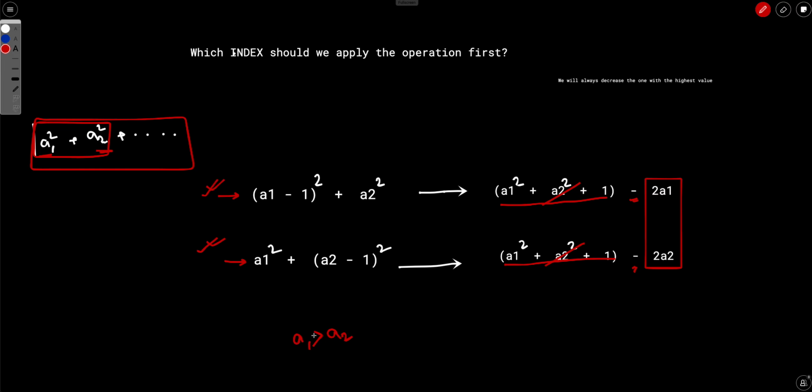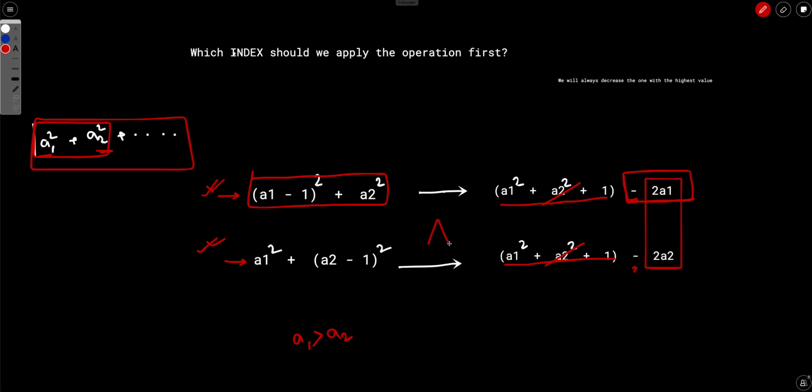So if A1 is greater than A2, the total sum is greater for this piece because we are decrementing more in this particular case, right? In the first case, we are decrementing more. But if we apply the operation on A2 and if A1 is greater than A2, then we will be decrementing, but this difference will be larger.